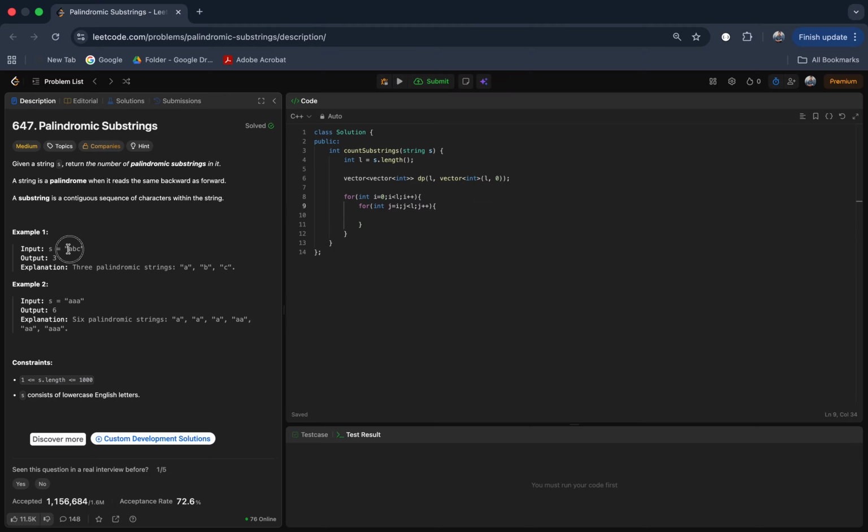So before finding any bigger substring, like abc, we need to find the smaller one first, like this small b. Then for every case, we should follow a proper pattern for this.